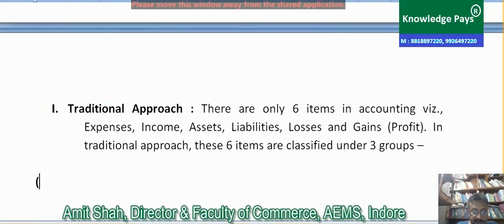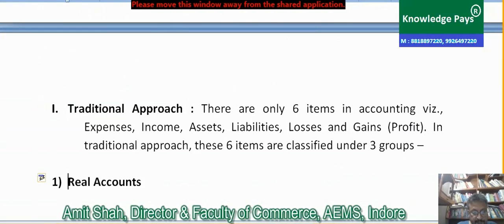One of the groups is real accounts. This is the name of a group.